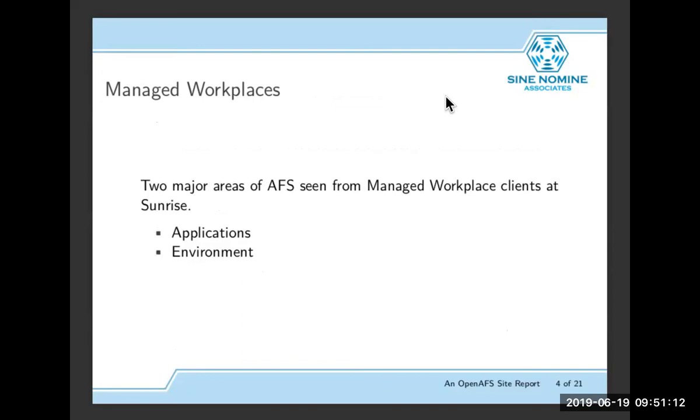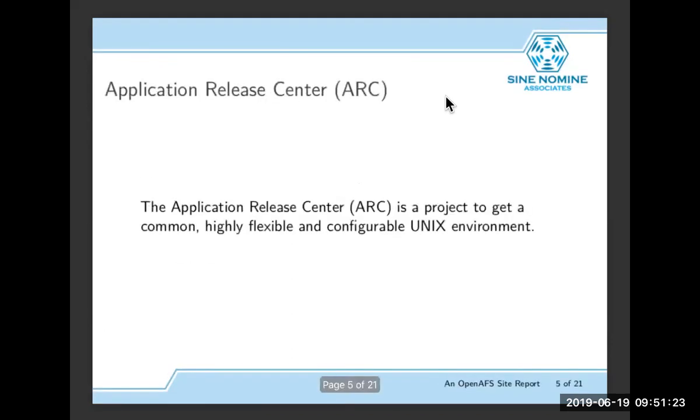Within their environment, machines that are clients are called managed workplaces, and at Sunrise they manage applications and environments, as I mentioned. ARC is the project they've used for managing their application distribution.